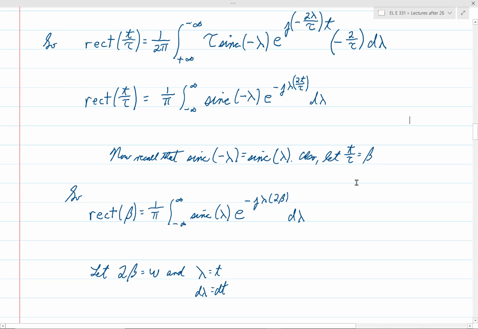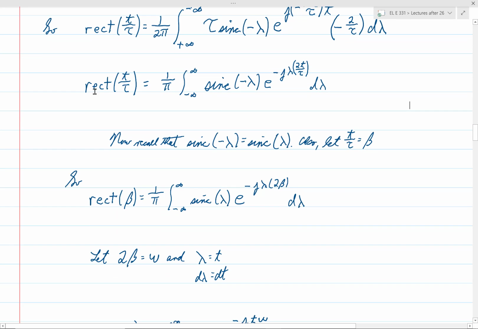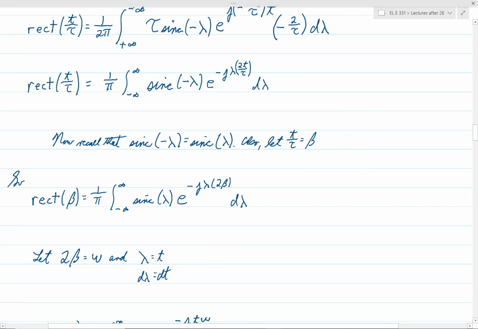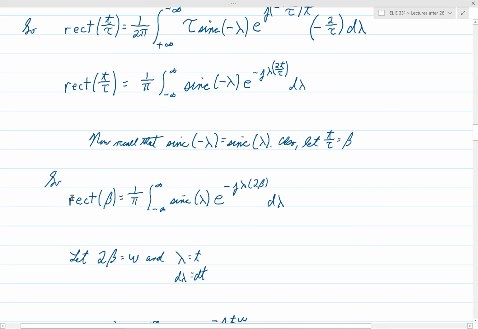So when I do that, then rect of t over tau becomes rect of beta, and I have 1 over pi here, integral negative infinity to infinity, and now it's sinc of positive lambda, because as I said, sinc of negative lambda is the same thing as sinc of positive lambda. And then the t over tau here in the exponent, we're going to replace that by beta, and so we will have this expression right here.